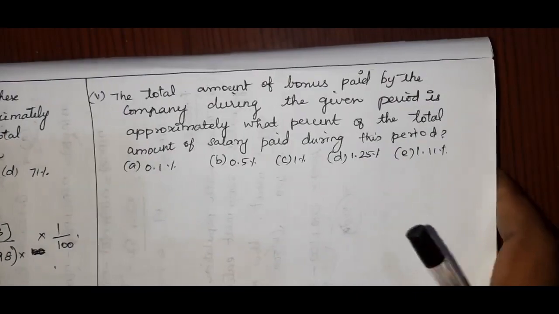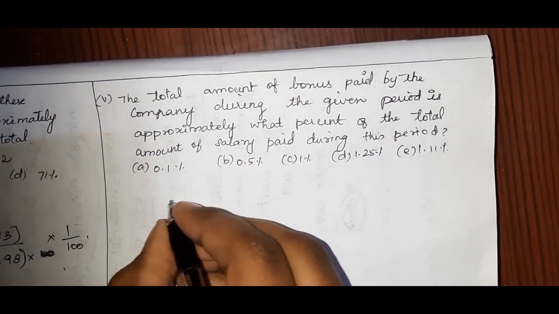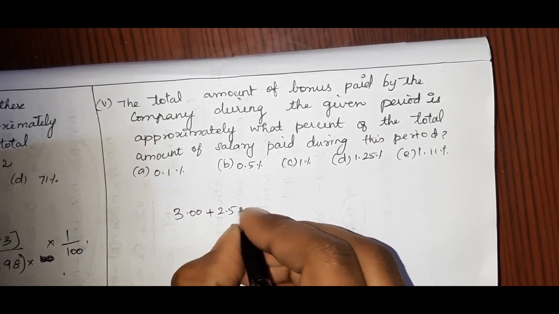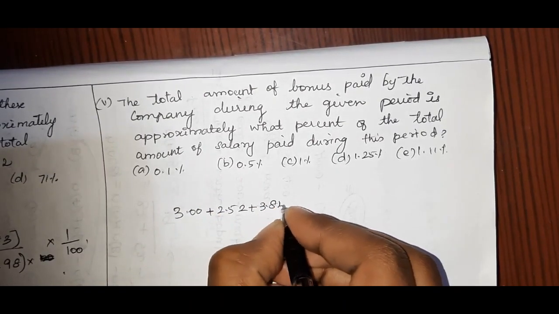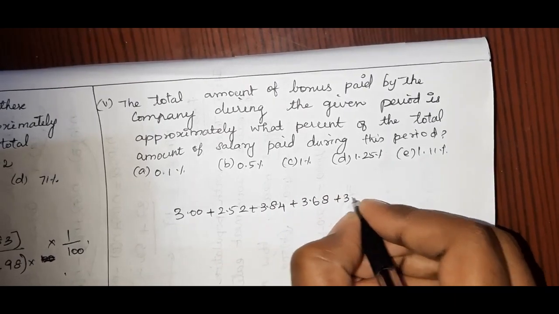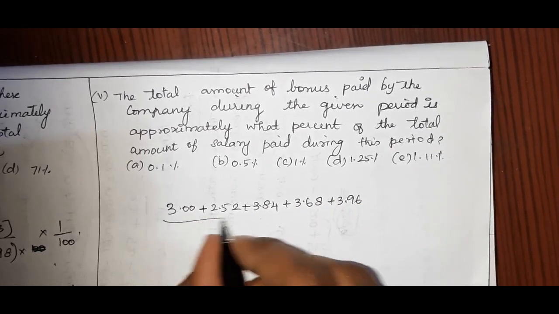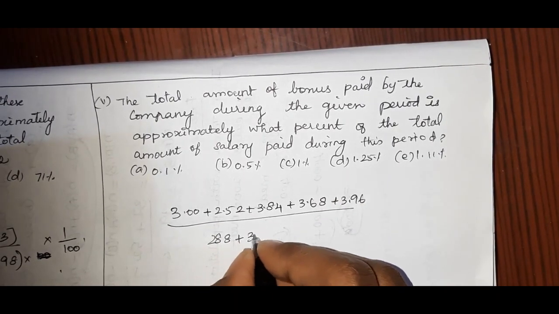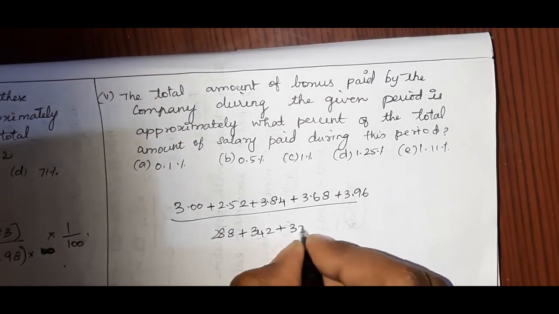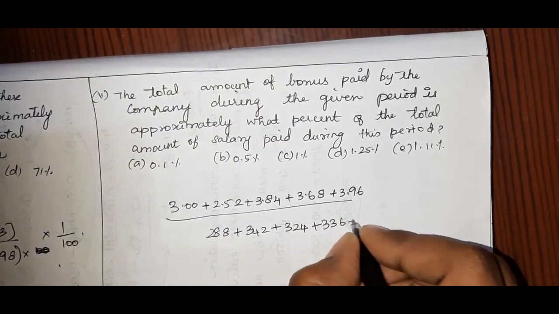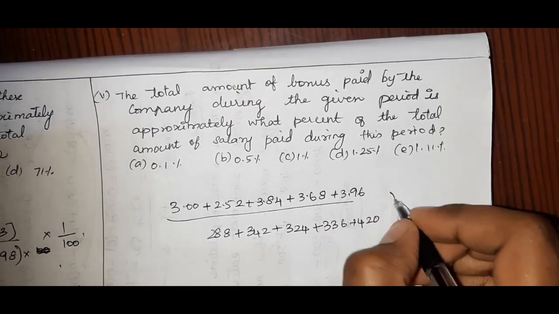So let's do the problem. This is the bonus value, divided by the salary value, into 1 by 100.